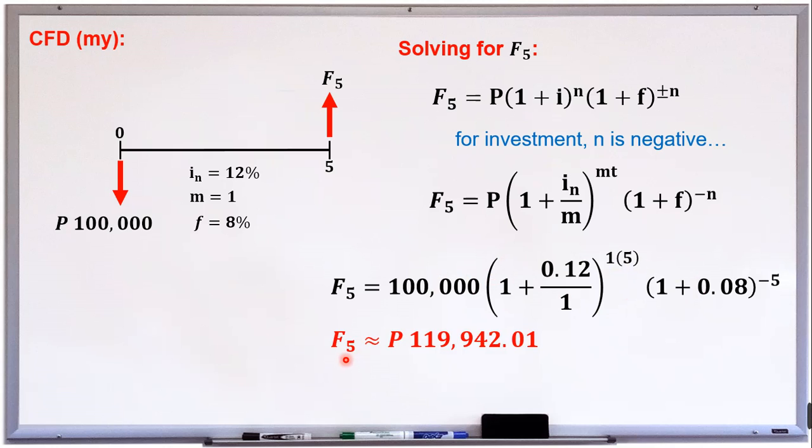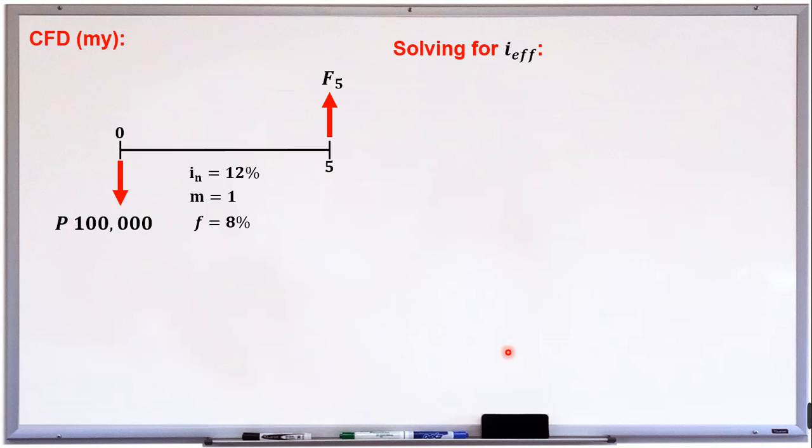Therefore, the future worth of the 100,000 pesos, considering the effects of inflation, is 119,942.01.